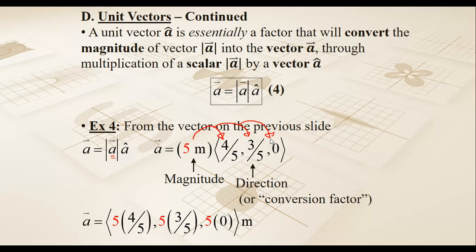So if I multiply the scalar by the vector, I would have 5 times 4/5, where the 5s cancel off, 5 times 3/5, where the 5s cancel off, and then 5 times 0, which is 0. And then vector A as an ordered triple would be 4, 3, 0.